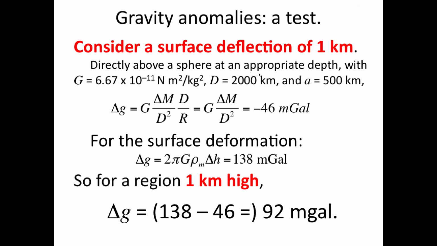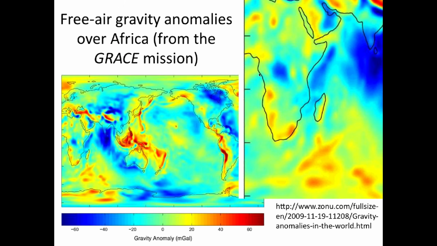So we can look at the real world. This is now a map using data from the GRACE mission, looking at the whole of the world, but let's just blow up Africa over here, and you see gravity anomalies over southern Africa in the yellow in the 20 milligal range, maybe stretching in a little bit over here, where no isostatic correction has been made to this, stretching up close to 40 milligals, but gravity anomalies that are less than 30 milligals.